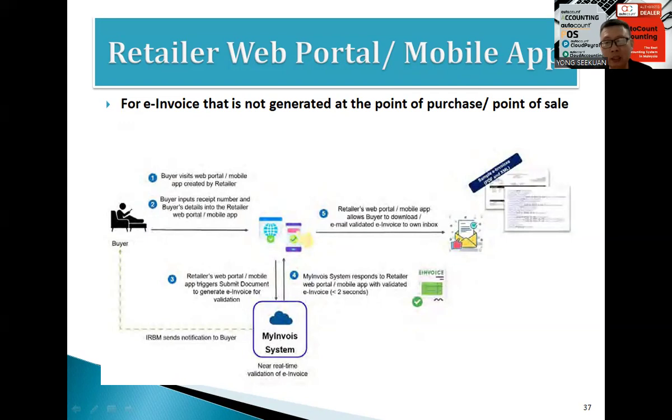The QR code leads to their website, which asks you to key in your receipt number. After you key in the receipt number, the screen prompts you to key in your company or personal details for invoicing purposes. Then they will email the invoice to you. This is an easier way to solve your problem.